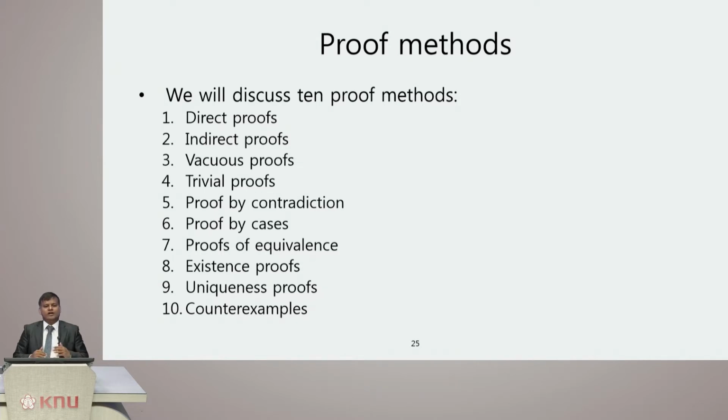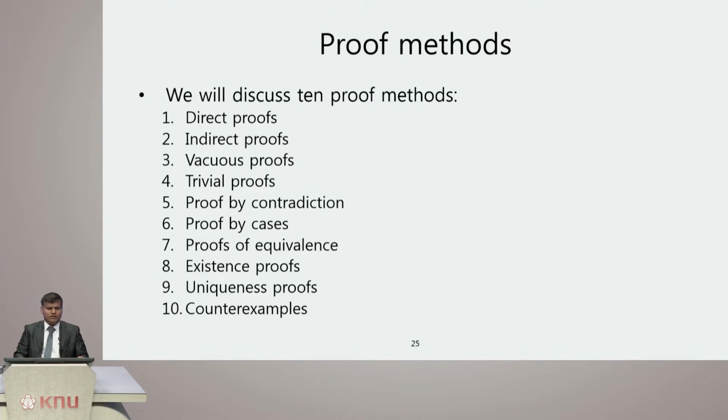Mostly we will go deep into some of the basic proofs, but the other proofs are very useful as well. So let's see what these different types of proofs are, how we define them, and some examples for each.